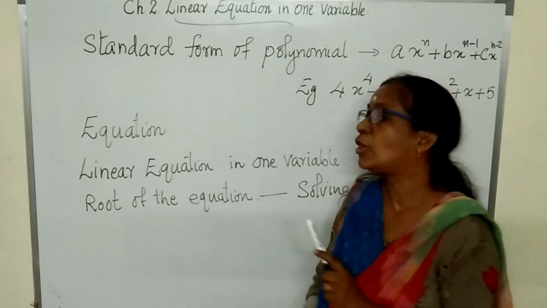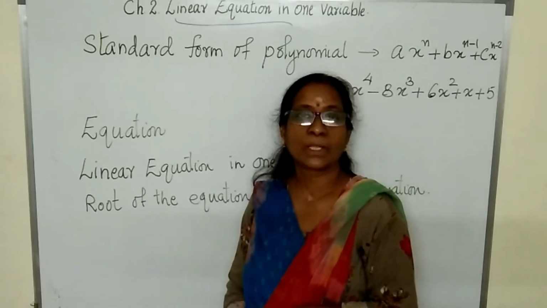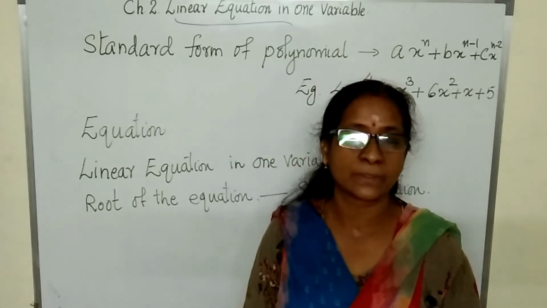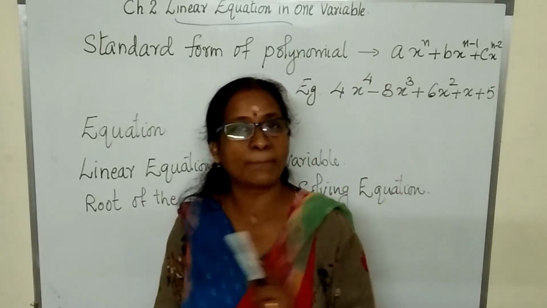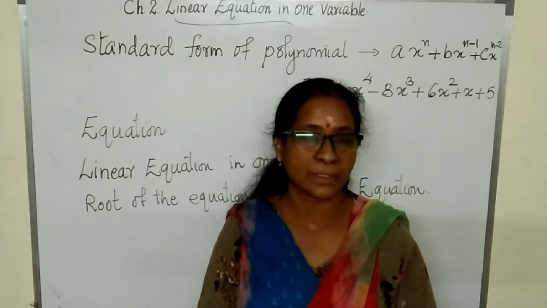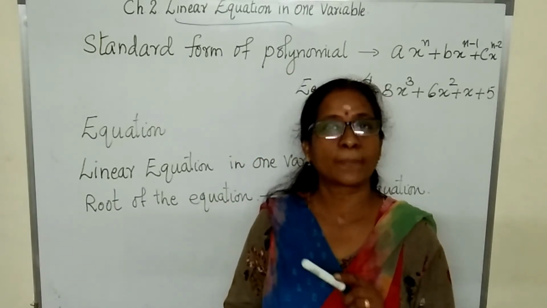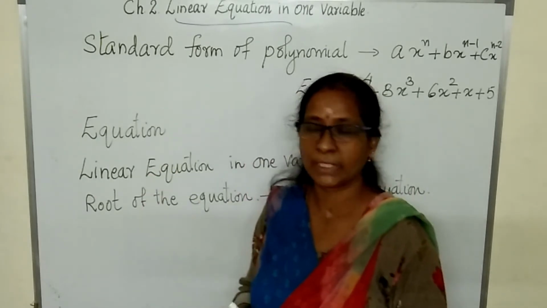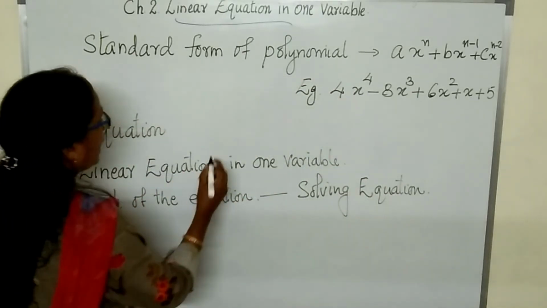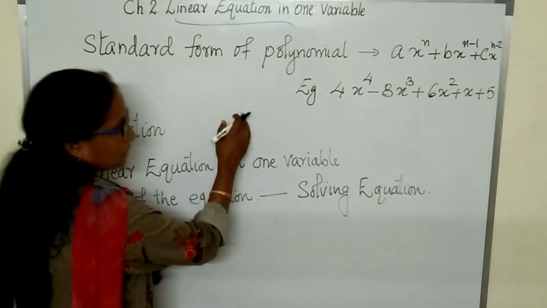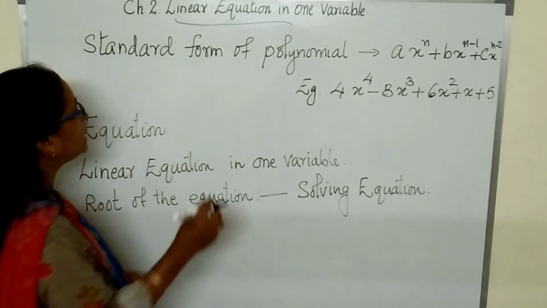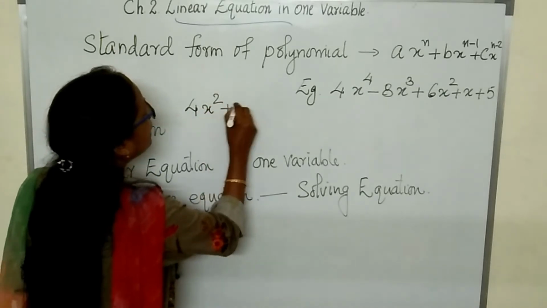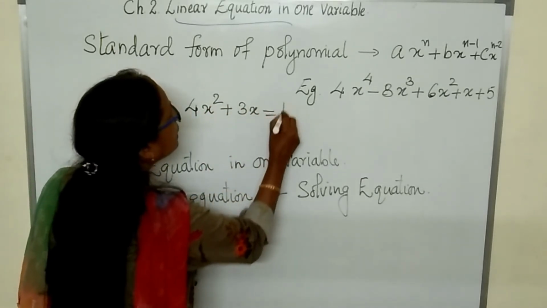Now let us see what are equations. Equations are the equality of two expressions, or when you combine or compare two expressions with an equal to sign, then it is called an equation. So an equation has two parts. It may have two expressions like this: 4x square plus 3x is equal to 17.